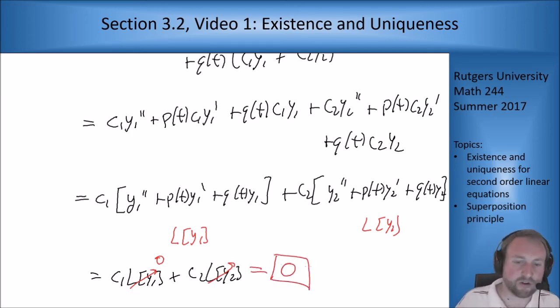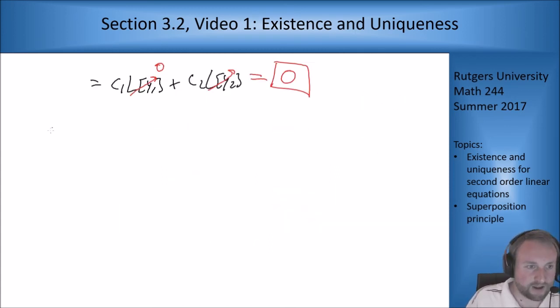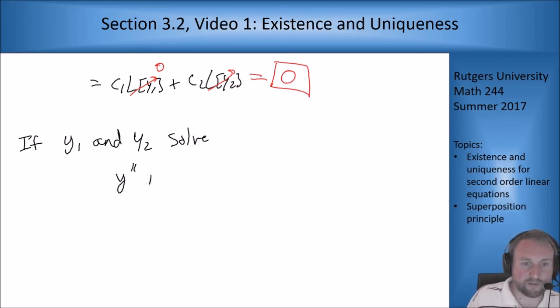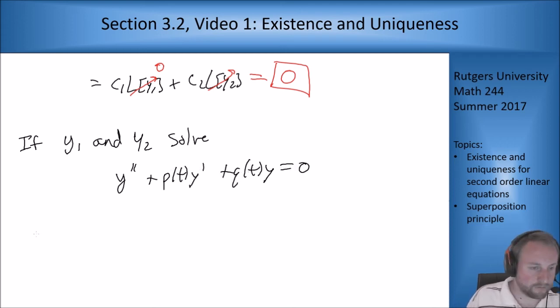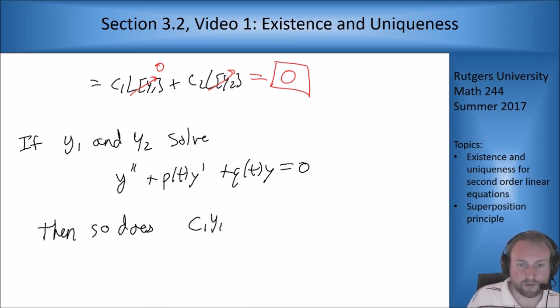So what did we just show here? Well, we just showed that if y1 and y2 solve y double prime plus p of t y prime plus q of t y equals 0, then so does C1y1 plus C2y2.